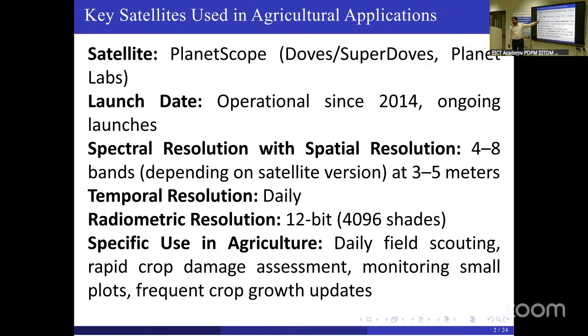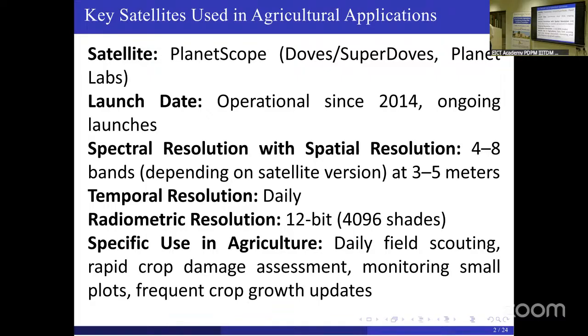Spatial is high, temporal is high, radiometric is similar to Landsat 8 and Sentinel-2. If you want to see specific daily changes, it depends on what type of crop you are selecting.